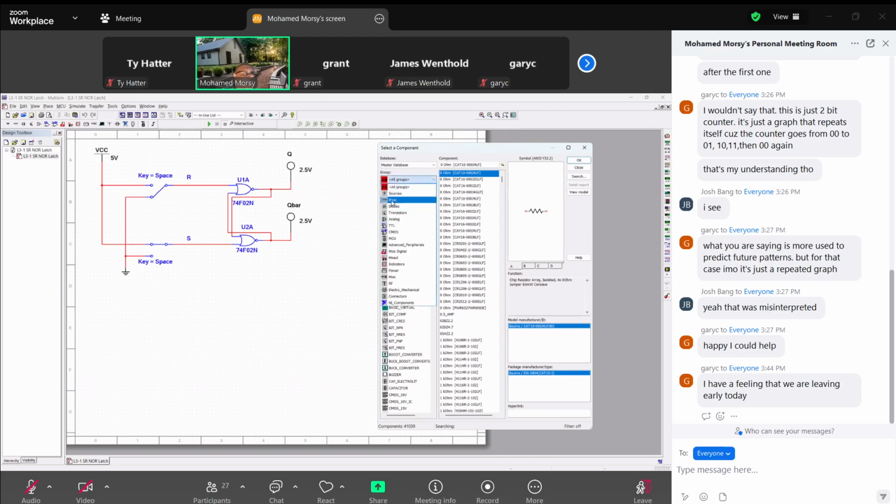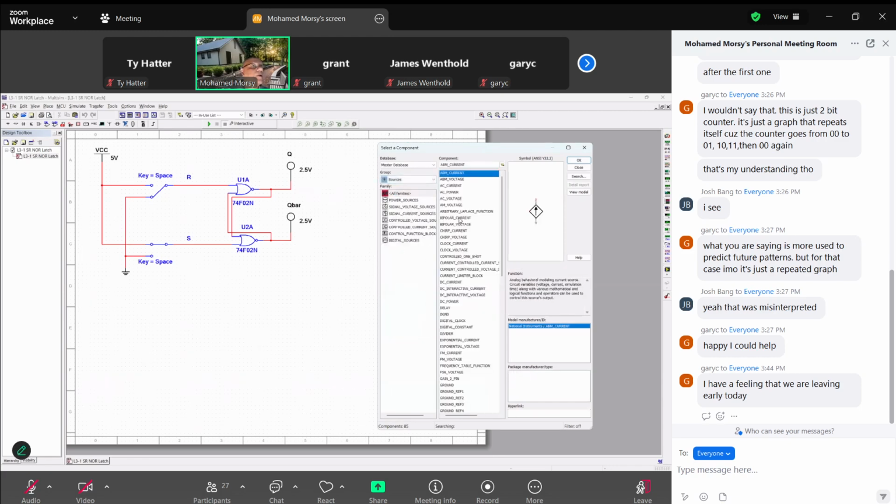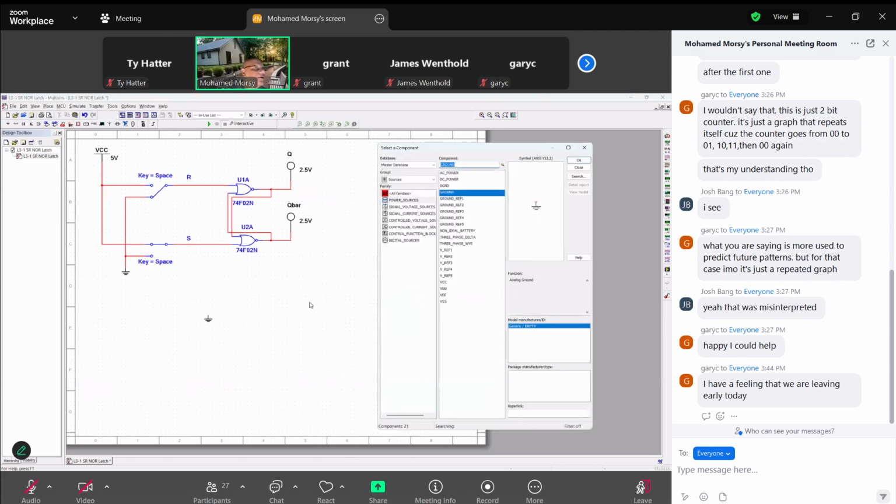So if we go to basic here, what we need here? You need to go to the sources. You don't need anything here. So power sources, ground, so you can drag the ground here. And then you need VCC, you see VCC here. Okay, drag VCC here. So we're done with this.